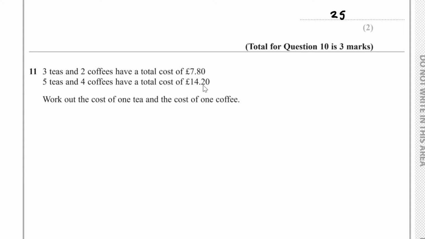Question 11. 3 teas and 2 coffees have a total cost of £7.80. 5 teas and 4 coffees have a total cost of £14.20. We have to work out the cost of 1 tea and the cost of 1 coffee.